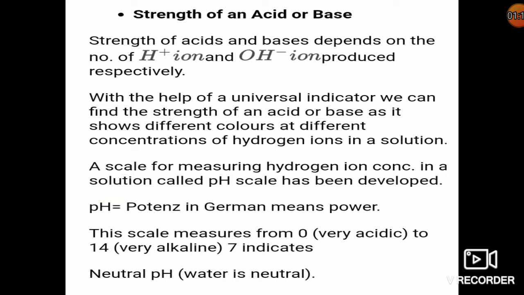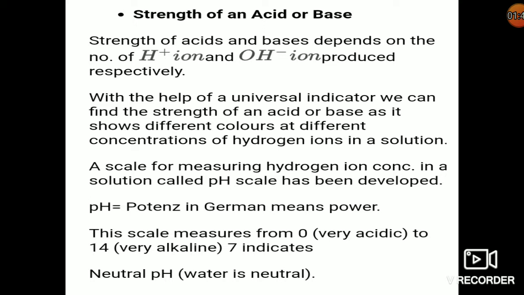It is a scale that measures the hydrogen ion concentration in a solution, and the name of the scale is the pH scale. Now the term pH, here P means power or potenz. Potenz is a German term, so P is the power and H is the hydrogen ion.